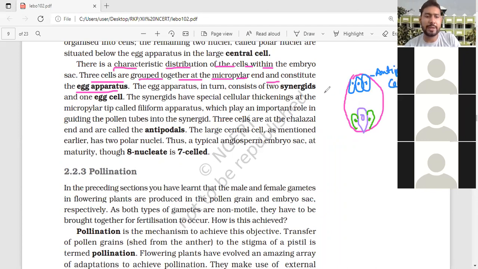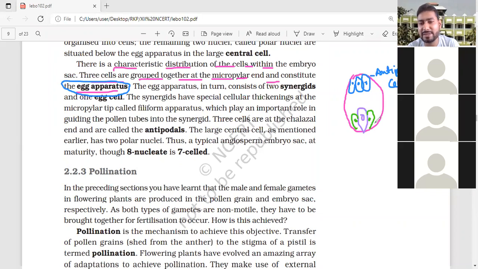You can read that these are grouped together at the micropylar end and constitute the egg apparatus. This structure is known as the egg apparatus.